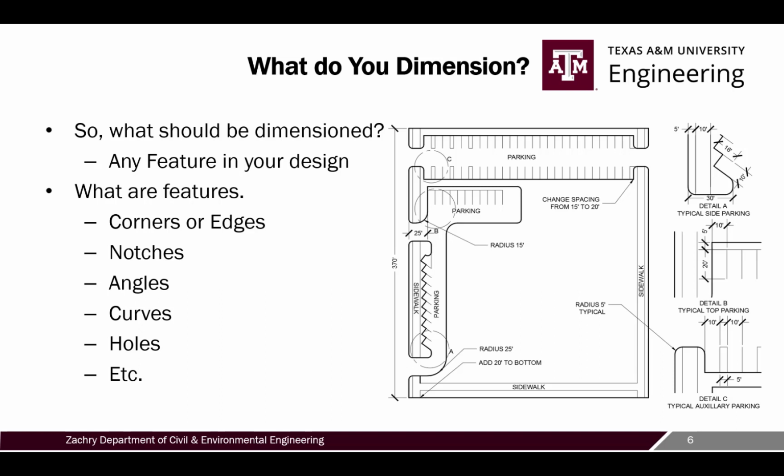Now, different features will need a different number of dimensions. But like you see in this drawing right here, identifying each of these cuts for the parking lot are going to need certain dimensions. You're also going to want to have overall dimensions or overall heights. And so you want to be able to identify all these in one way or another. Okay?